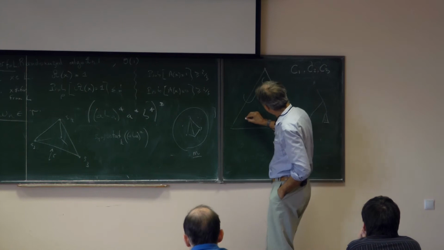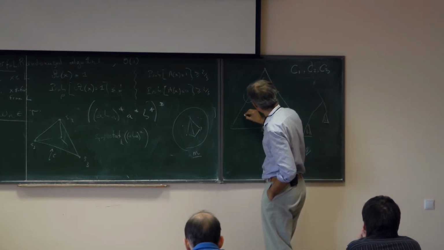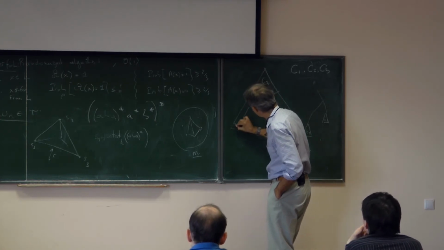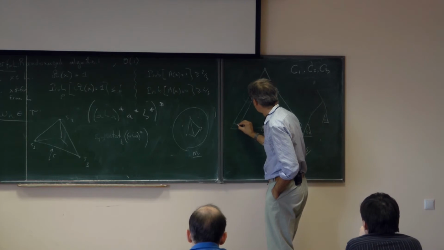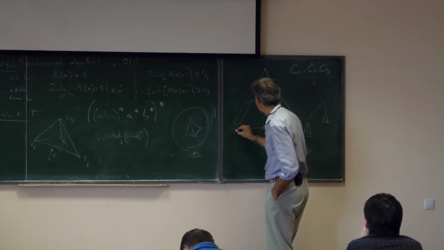But then you don't have a simple picture, because what could happen is that, for example, C3 is almost like here, here would be C1, and this would be C2.